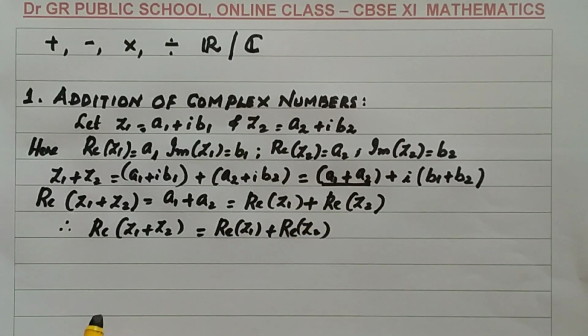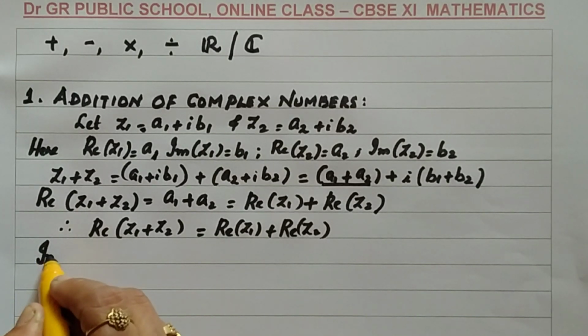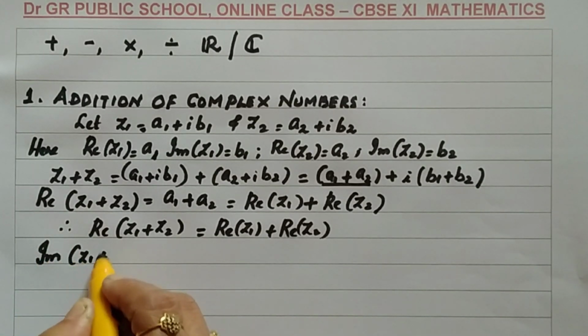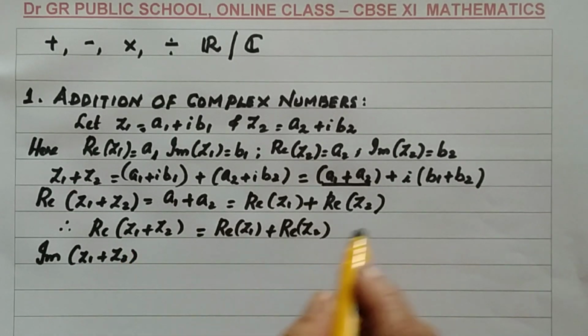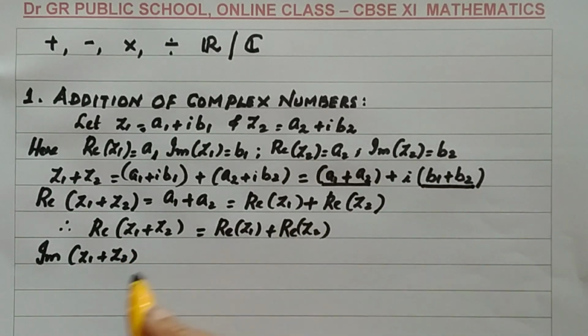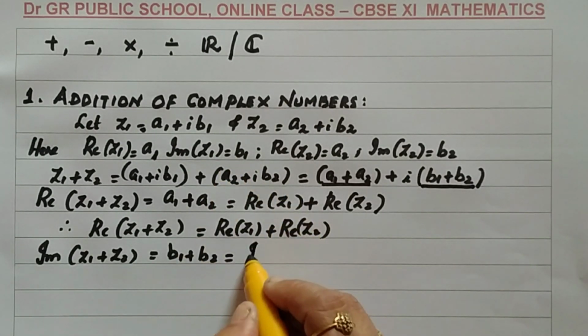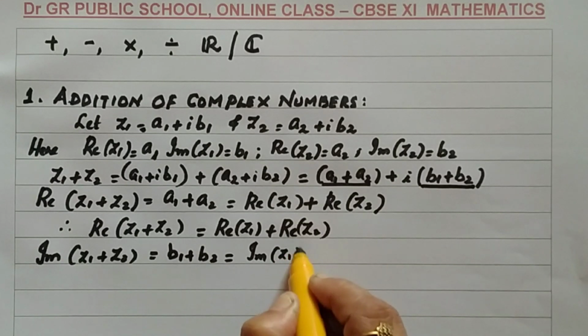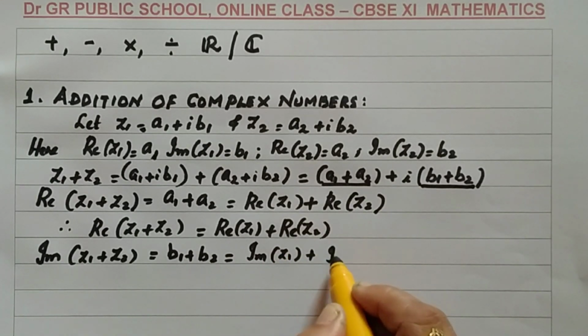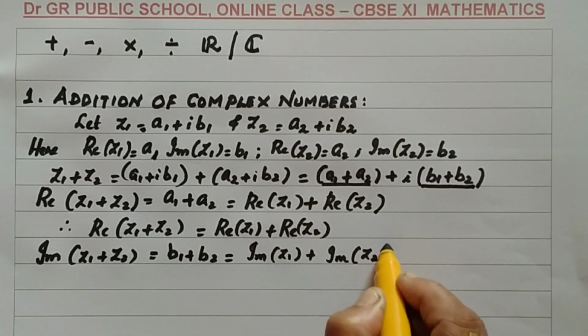When adding two complex numbers, the real part of the sum must be equal to adding the real parts separately. In the same way, what about the imaginary part of Z1 plus Z2? In this case, the imaginary part is B1 plus B2. What is B1? B1 is the imaginary part of Z1 and B2 is the imaginary part of Z2.